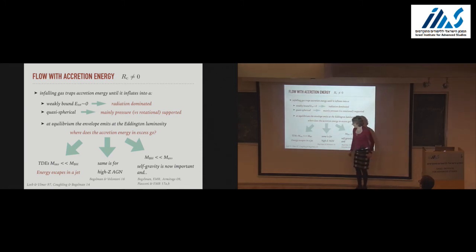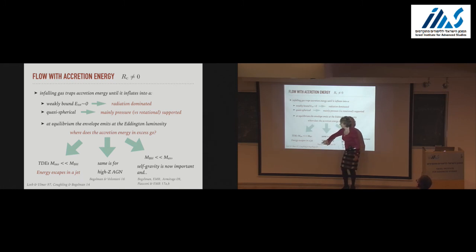So where has it been proposed to happen? In tidal disruption events, and I worked out the conditions for this to happen, for black hole masses less than 10 to the 6 solar masses.